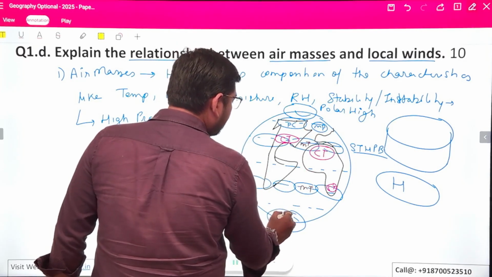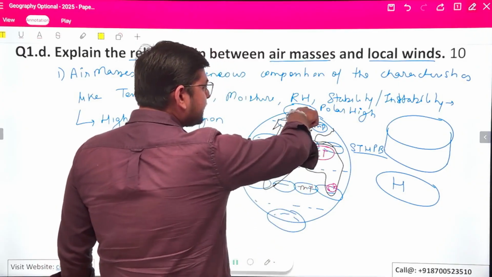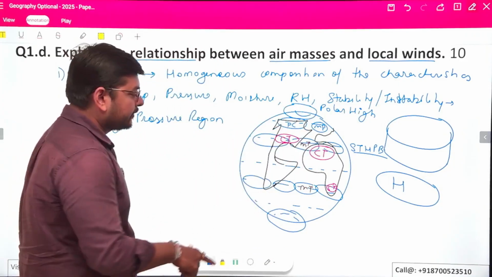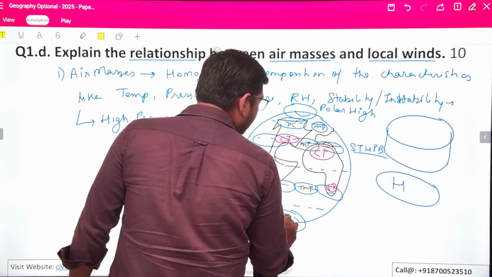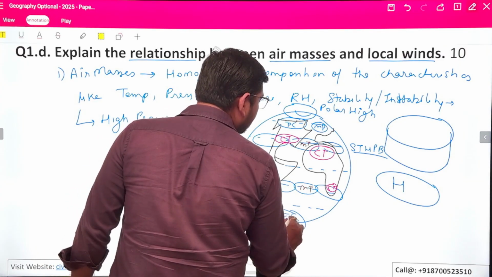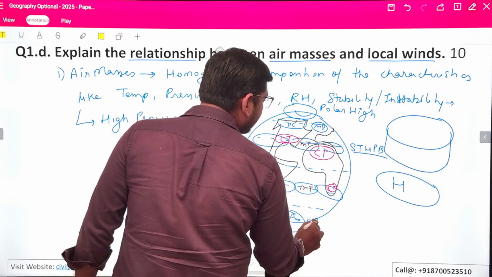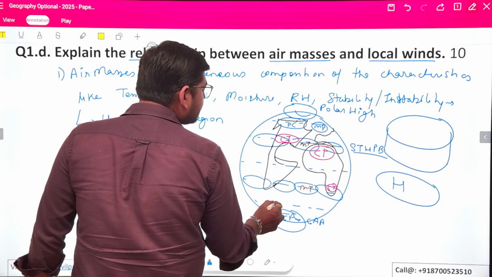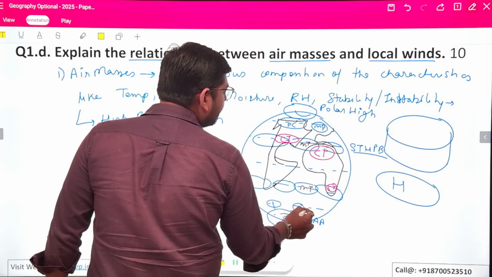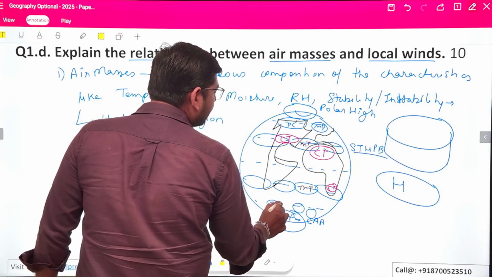This region consists of part of the ocean, but in the southern hemisphere we have Antarctica. Here we have continental polar, which we also call continental Antarctica, and in the nearby regions we'll see the presence of maritime polar.